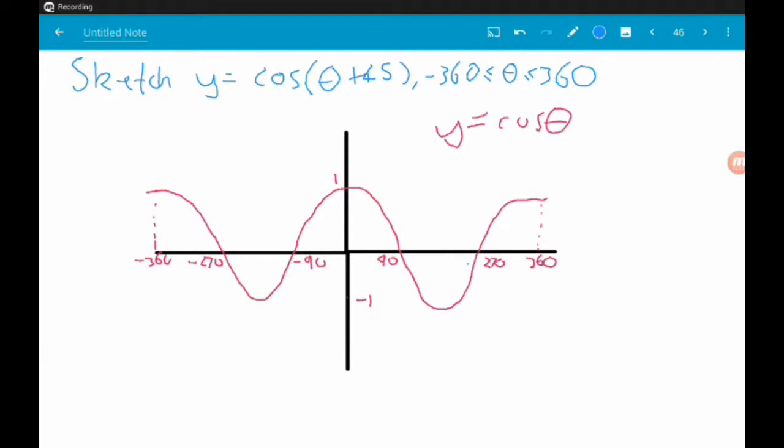Okay, for example 2, we want to sketch y equals cos of (theta plus 45). So the 45 is inside the function, it's being added to theta. So this is a translation. It's going to take us -45 along x.